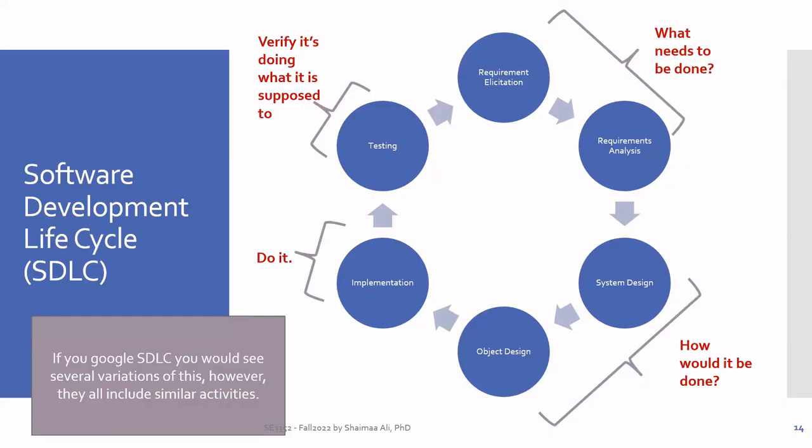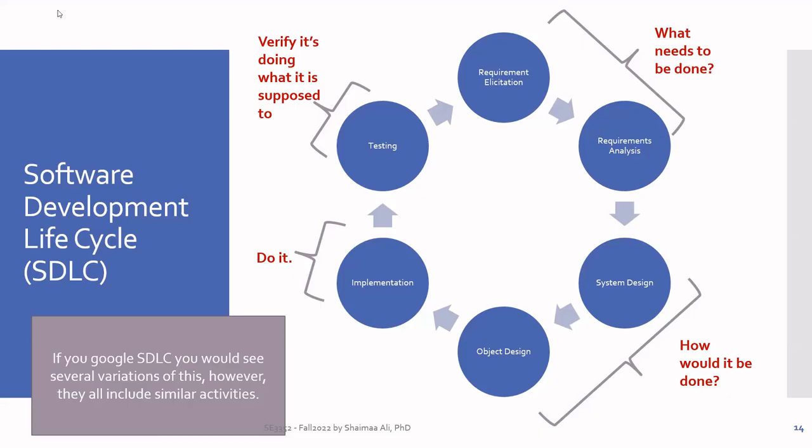The activities related to the requirements are pretty much you trying to figure out what it is that we need to do. So that's the main focus of this course. What is it that needs to be done for this system? So we try to answer that question: what?